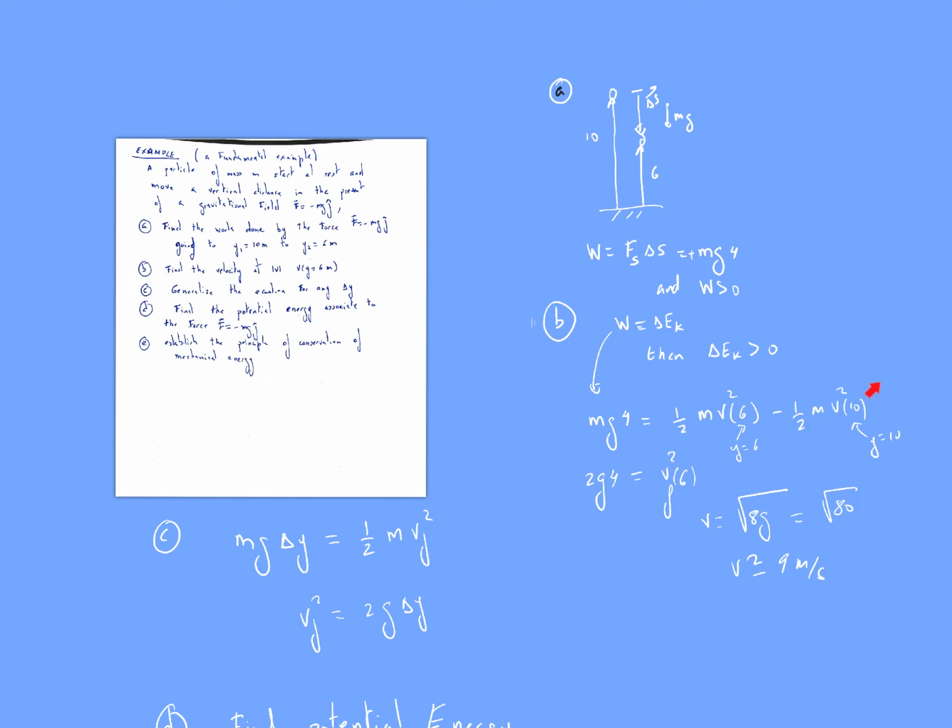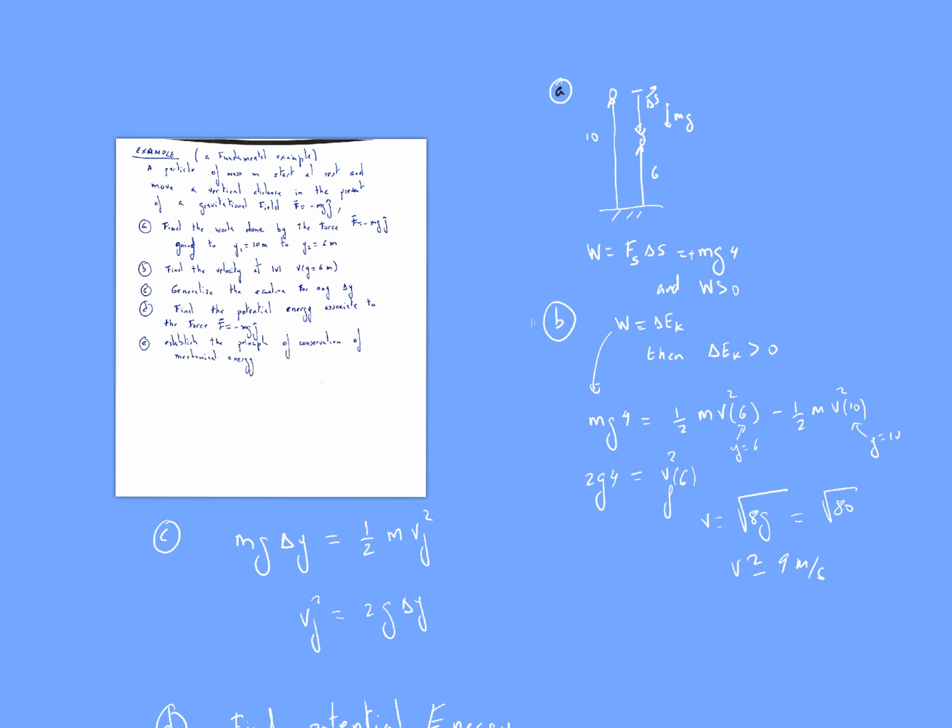The initial velocity is 0, because they say it starts at rest, so v at the position y equals 10 is 0. So the equation I will have is mg times 4 equals 1/2 m v squared at the final position.